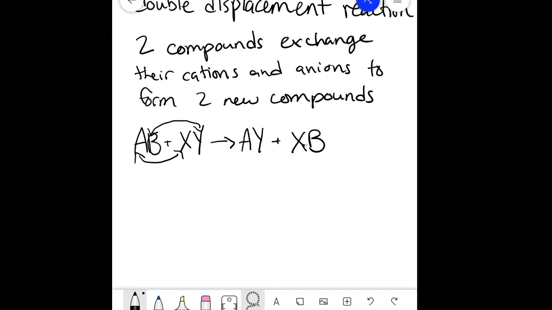And then you have to consider solubility rules to see if the reaction will occur. So this is when you get out your solubility chart. As we all know, the chart's set up so that the top half is things that are soluble, the bottom half is insoluble, and then it tells you the exceptions to that.